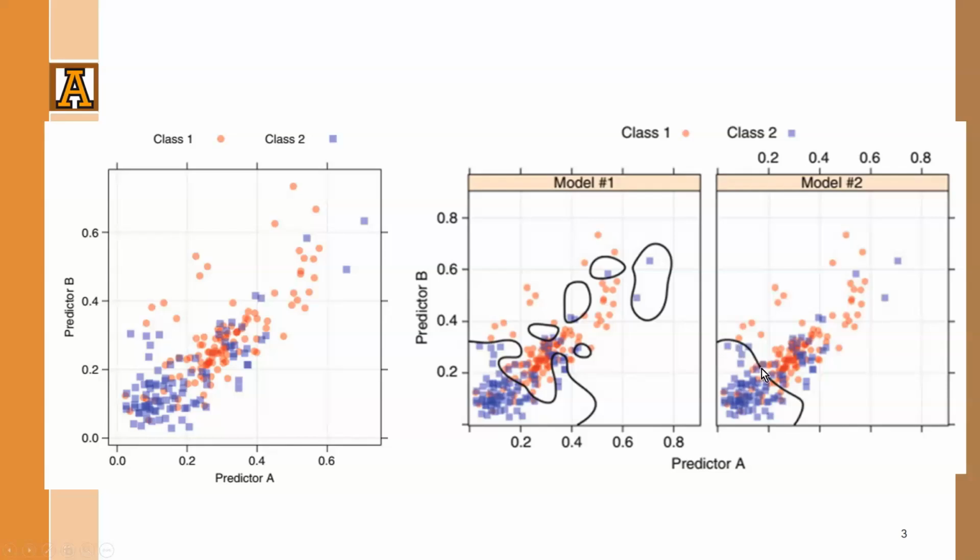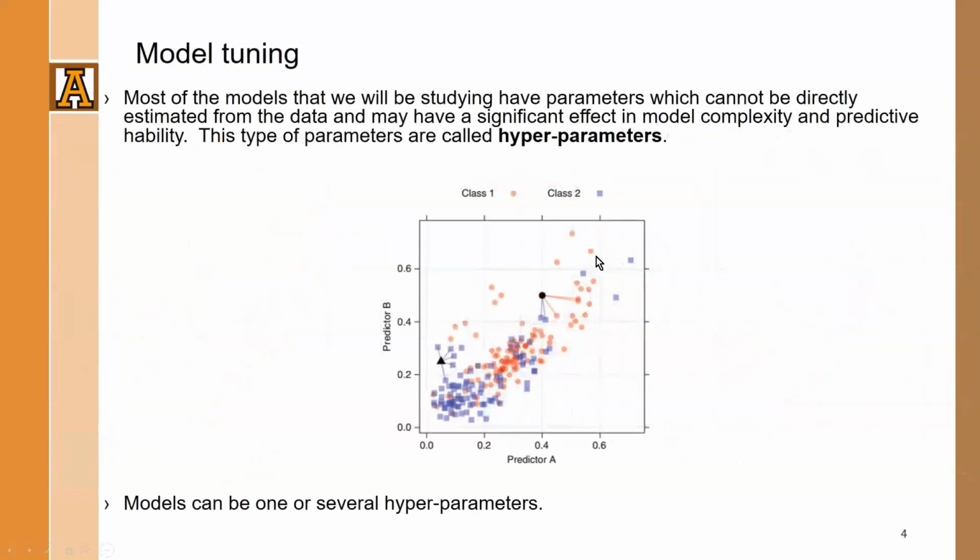And this is a case where the classification boundary was obtained by something that we'll study later, that's generalized cross-validation. So the cost of misclassification was not fixed arbitrarily very high, but it was chosen by a method that we call cross-validation. These parameters that cannot be determined from the data, we call them hyperparameters.